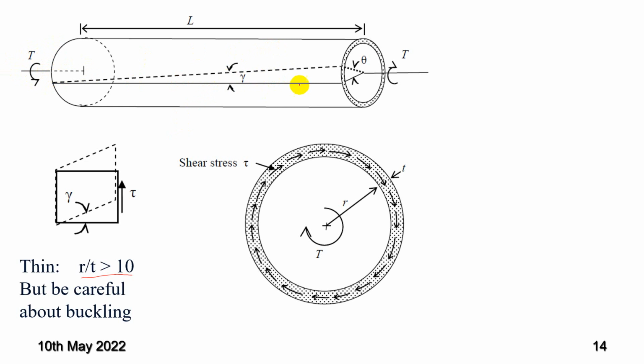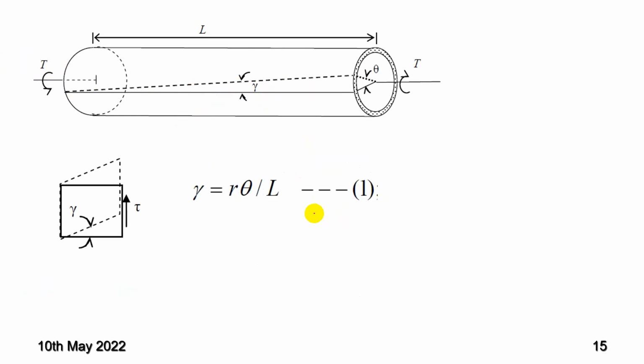Now let us see how we can relate this. Gamma can be defined as R over L into theta. Here it rotates by angle theta, and the deformation is defined by r theta, and gamma is r theta over L, because that is the strain.